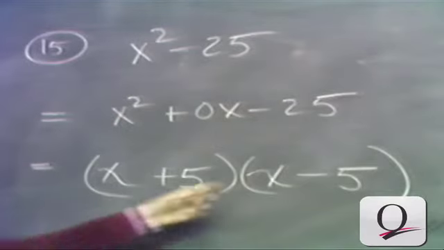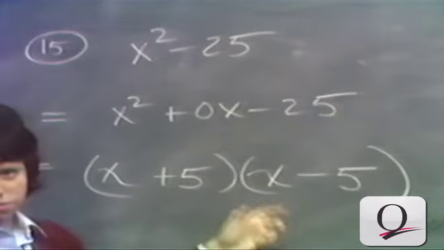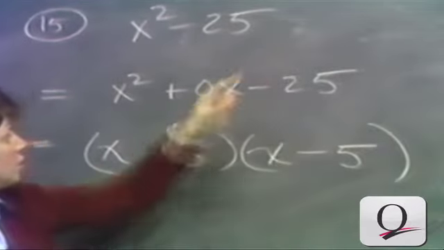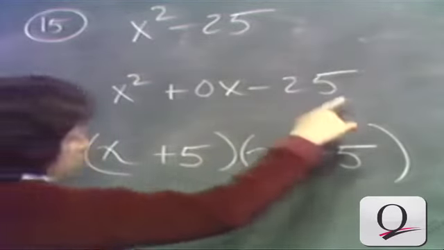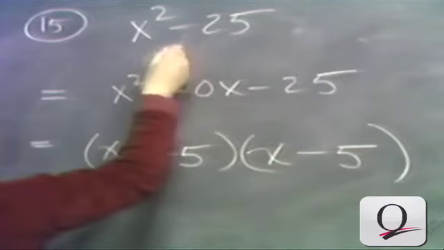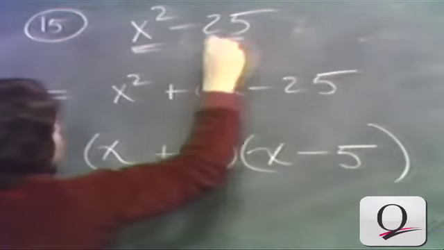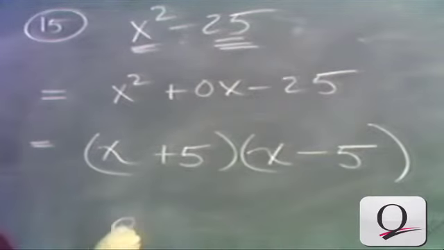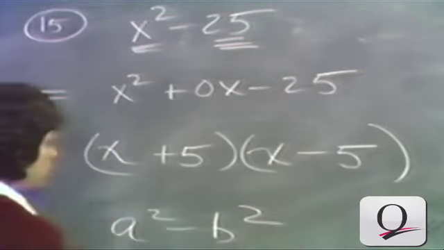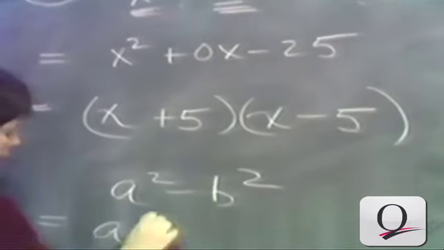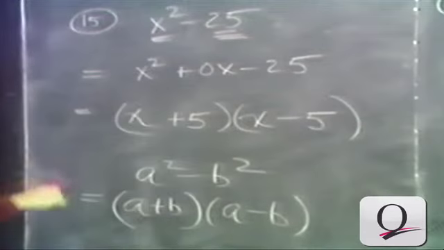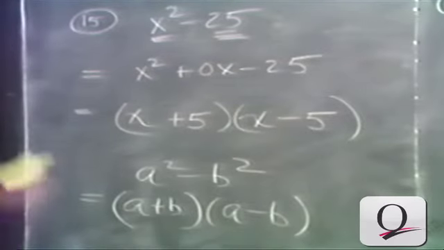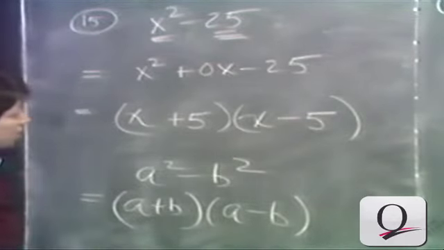Checking by FOIL, we get x squared minus 5x plus 5x for 0x and minus 25. However, most people skip this intermediate step and say, well, look, this is simply the difference of two squares. If you have something like a squared minus b squared, we know we can write this as a plus b times a minus b, and we get this directly. If we have the difference of two squares, this is the more direct method of getting it.